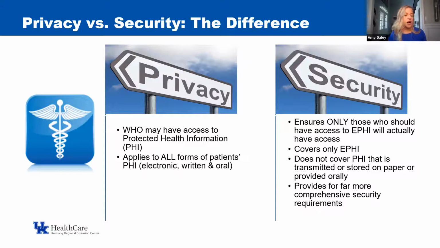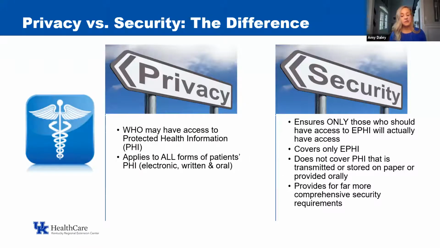And the privacy rule revolves around the individual and their rights to have control over the way their sensitive data is used. The privacy rule also ensures that all forms of PHI, protected health information, are protected and remain private, including electronic forms, paper forms, and oral forms. So privacy rule does cover electronic formats of PHI.